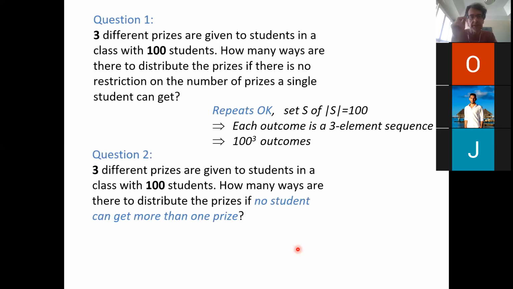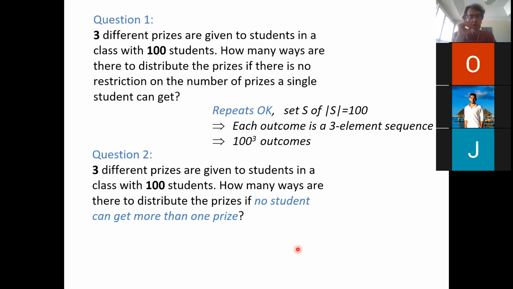Now, if I modify it so that the prizes are dependent, like for example, it's just first, second, and third best total score. So the same student cannot be first, second, and third, right? Each of them will go to a separate student.